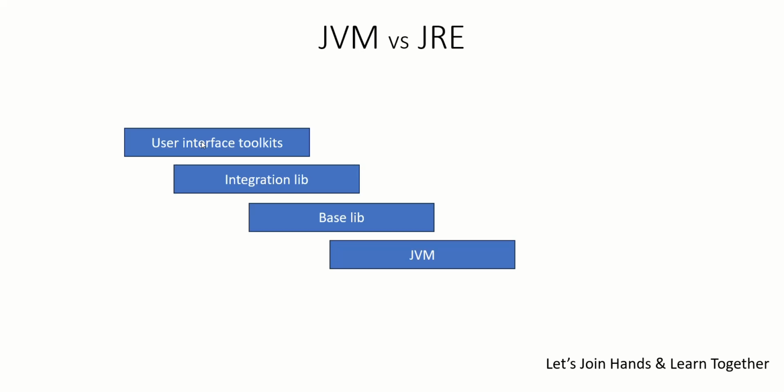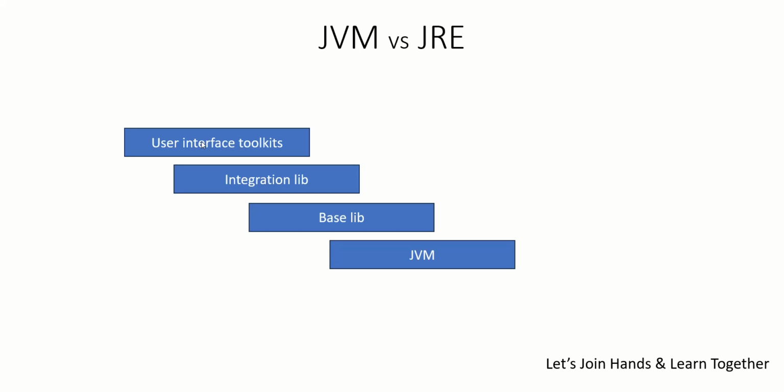If you see a JRE, we will have a lib folder, and in this lib folder we can see these libraries present. Integration libraries are what you use if you are connecting to a database or integrating with some other component, libraries like java.sql, which are maintained by JRE.